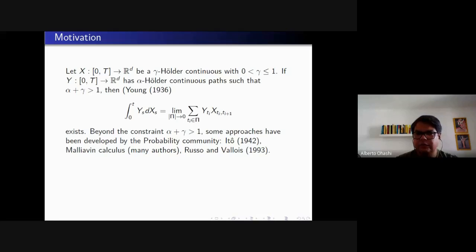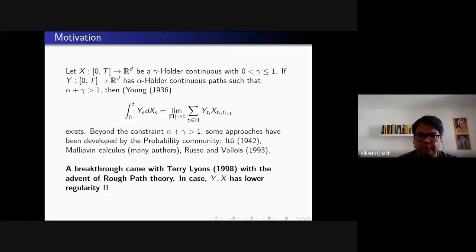Malliavin calculus, many authors, and Rousseau-Valois also contributed a lot to this object, the integrals beyond the bounded variation case. So a breakthrough came with Terry Lyons, with the invention of rough path theory, in the case where Y and X have lower regularity.